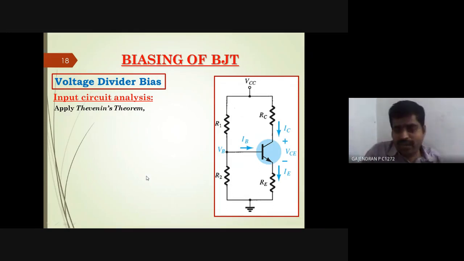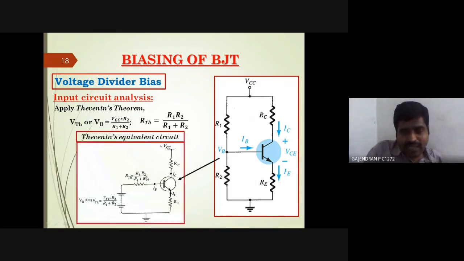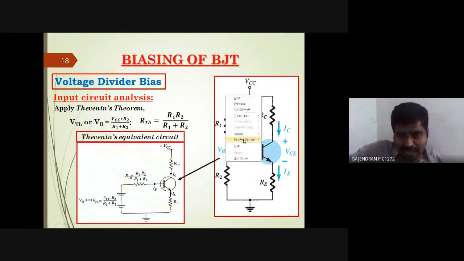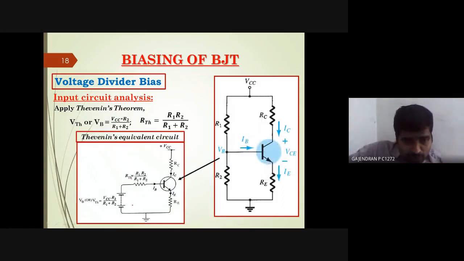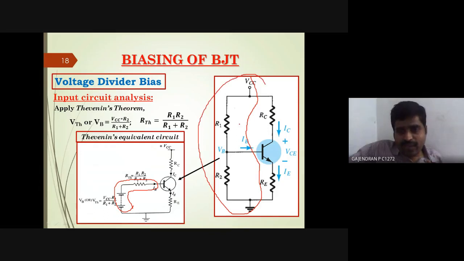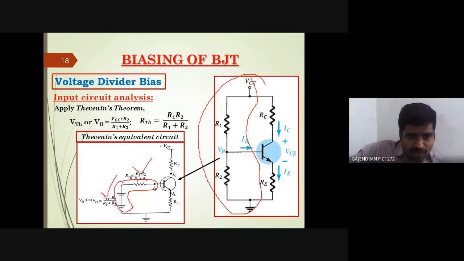He will give one analysis and the end result will be only two components, one source and one resistor. So the whole input circuit he is going to convert into something with two elements: one is the voltage source, another one is the resistor.